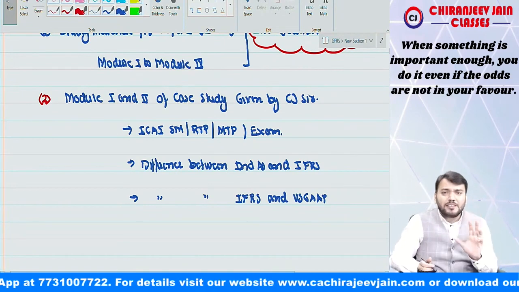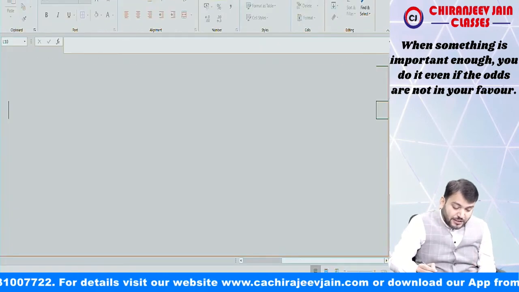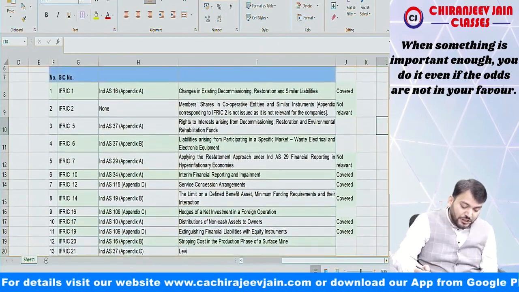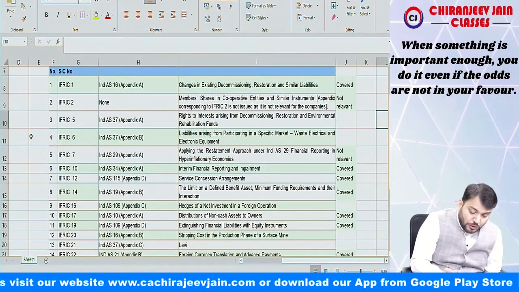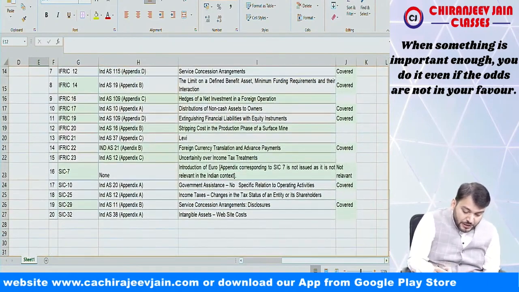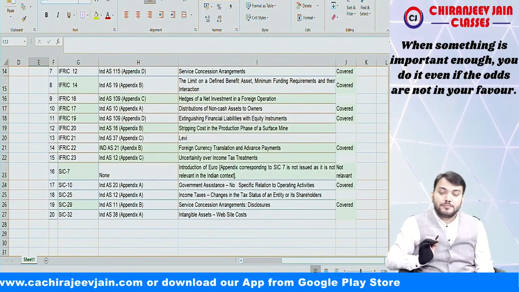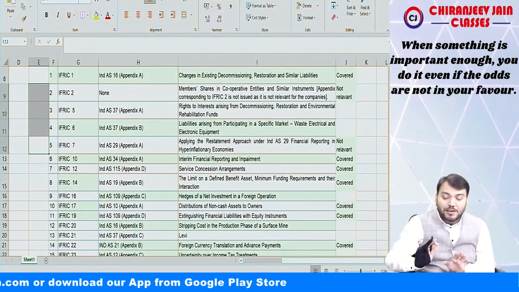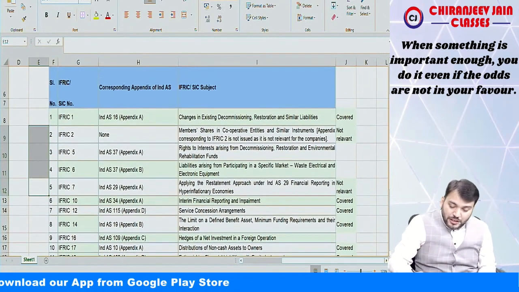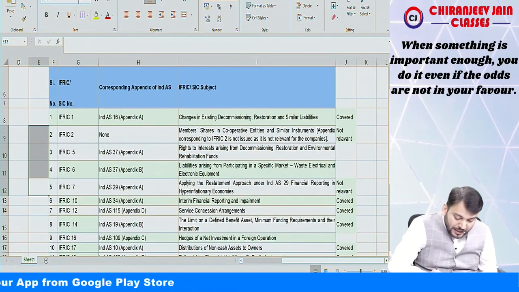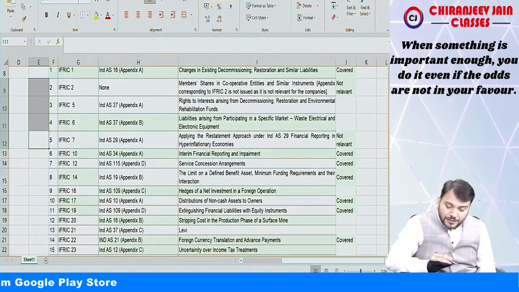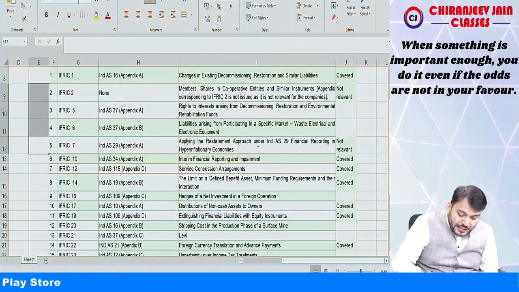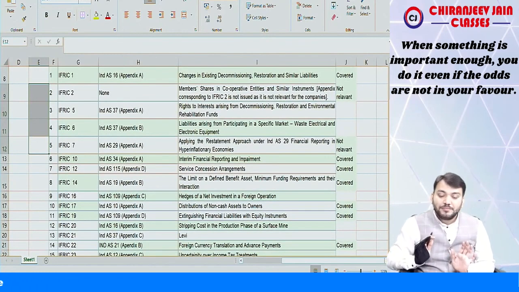Correct. So how many interpretations are there? If you want to check, these are the interpretations. You can see IFRIC 1, IFRIC 2. There are 20 interpretations. Out of these 20, two interpretations are not relevant from the examination point of view. You can see I have already written IFRIC 2 is not relevant and IFRIC 7 is not relevant. Correct? Understood?